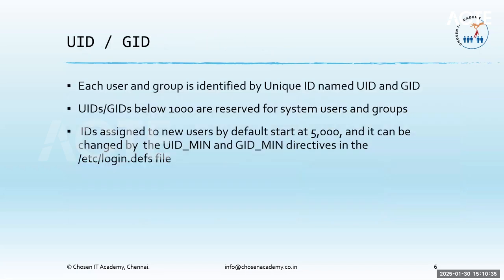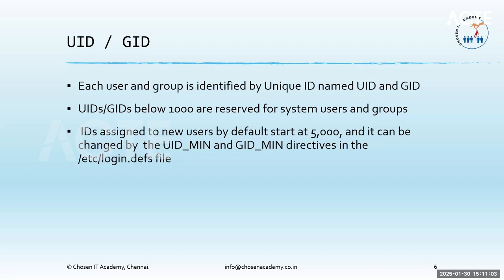Okay, so UID and GID. UIDs and GIDs are nothing but the unique IDs given to users and groups. Groups will also have IDs and users will also have IDs. Generally, the range from 0 to 999 is reserved for system users, and UID 0 is assigned to the root account.